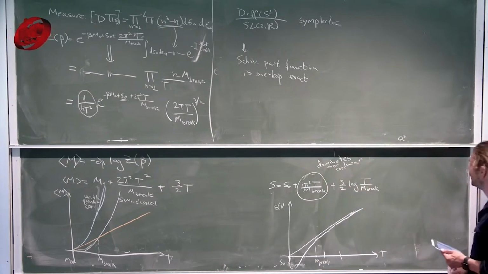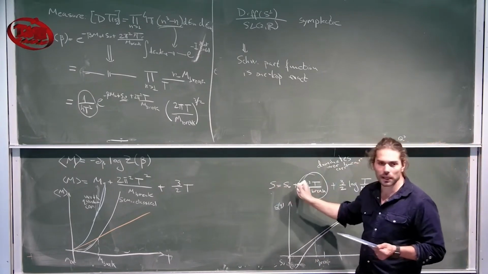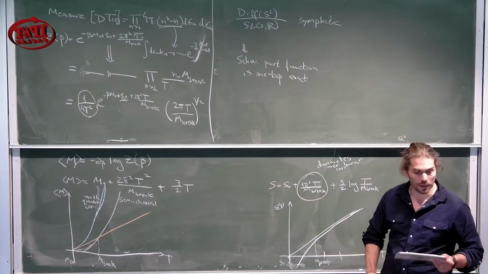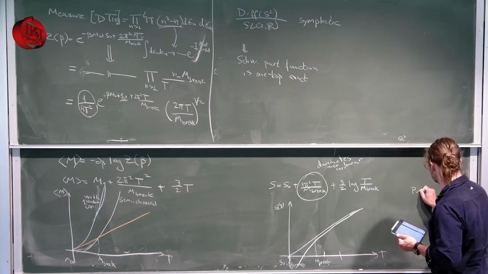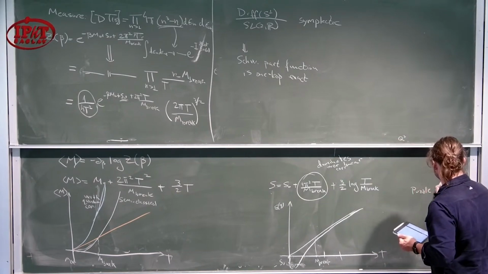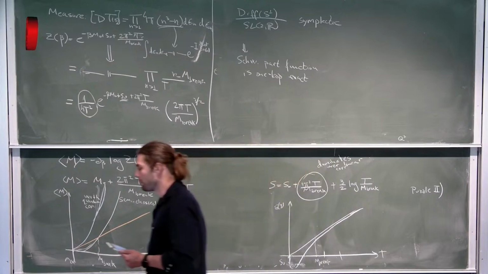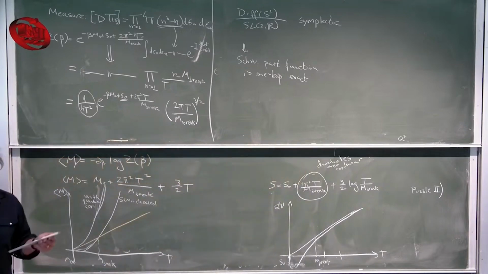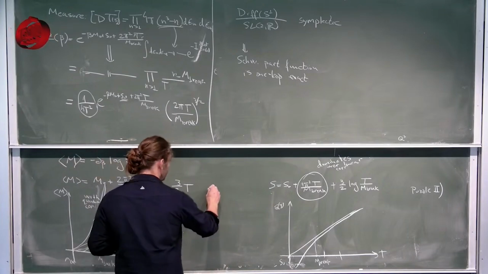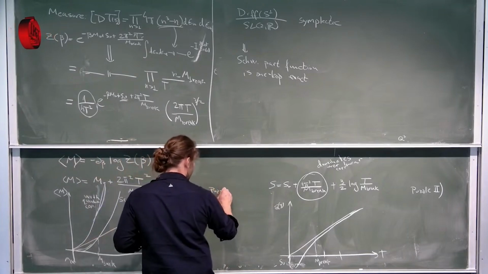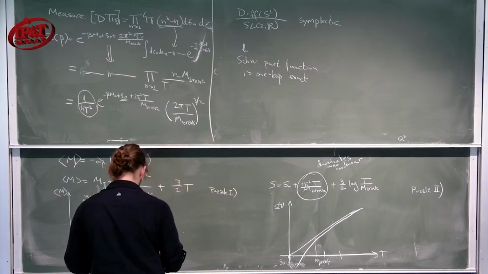And in particular, for temperatures that are very small, my entropy can be drastically reduced compared to the extremal entropy. So this addresses puzzle 2, because now we see that the extremal entropy can be radically modified by the presence of these quantum corrections. And the left plot addresses puzzle 1, which was about the breakdown of thermodynamics.